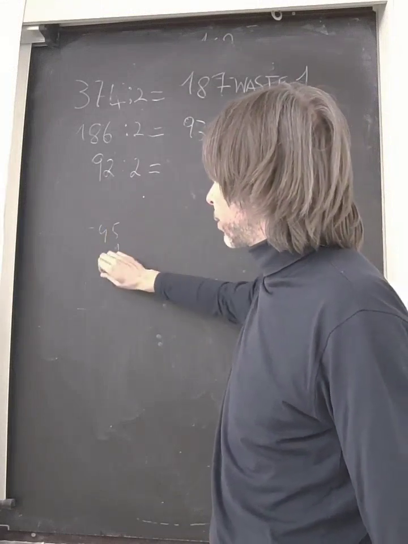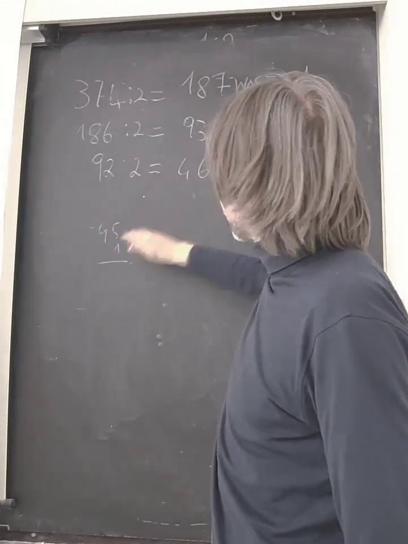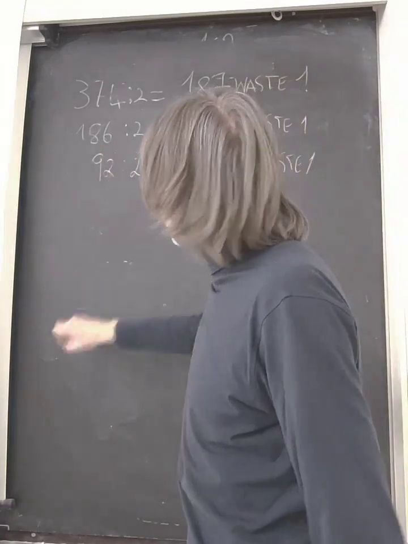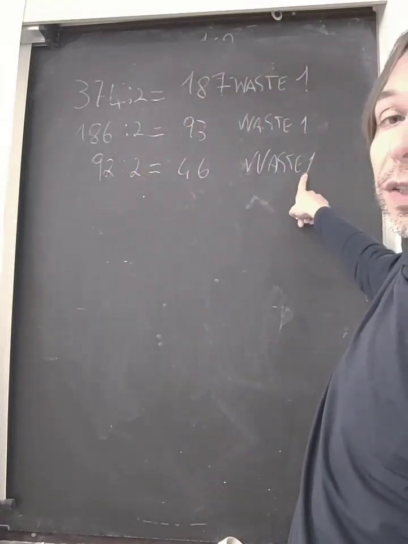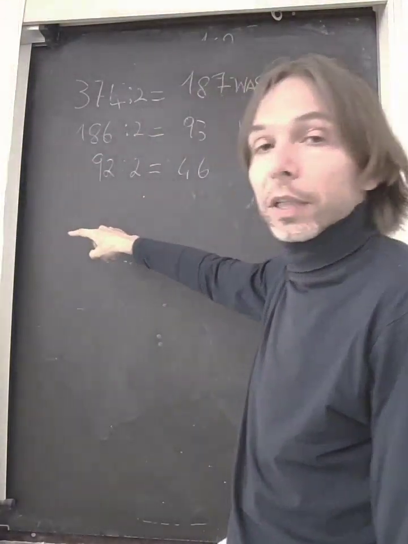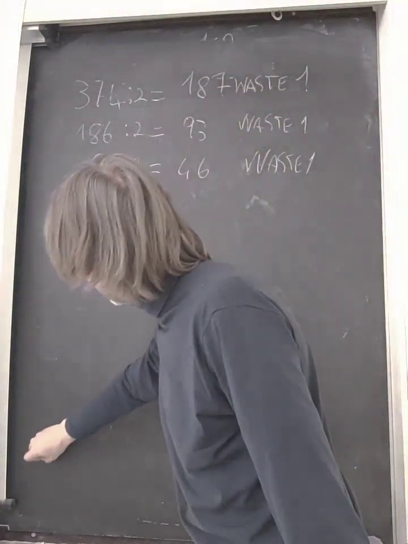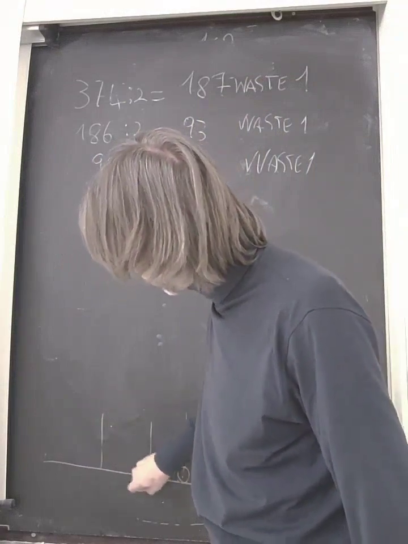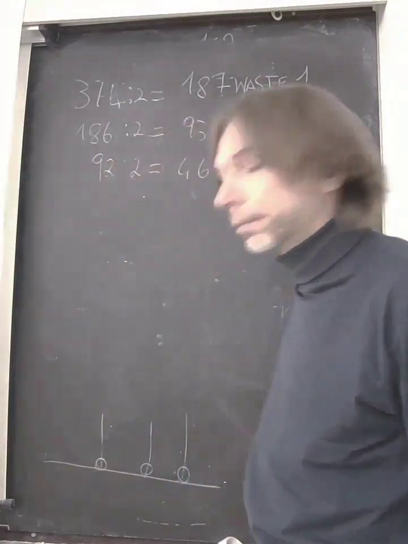So in total it is 46. Okay. Then 46. This means that I have one ball on the next needle. Okay. So something like that. One ball here, and a new ball here.